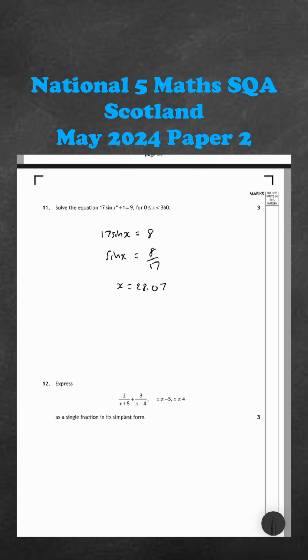Just be careful. They want x between 0 and 360 degrees. So there's a second value of x here, and if you know the sine graph, you know the second solution is going to be 180 minus 28.07, and that is going to give us 151.93, and that is our two solutions.